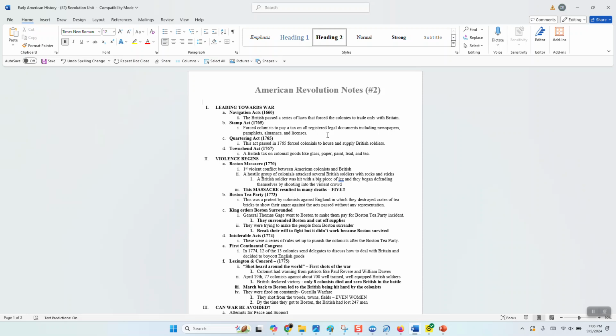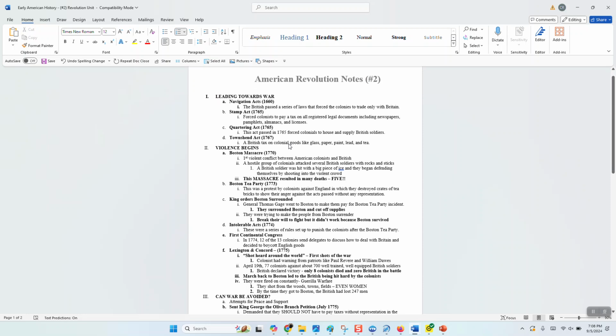Now when the war is over against the French, the British need money because they spent so much of it during the war that now they need to start taxing their colonies, especially the American colonies, who they had left alone for so long. So essentially the British come back, they bring their rule, their power, and their laws back, and now these colonists have to deal with it. So the first 4 things they did were these 4 that we went through in section 1 of notes number 2. All right, the story continues.